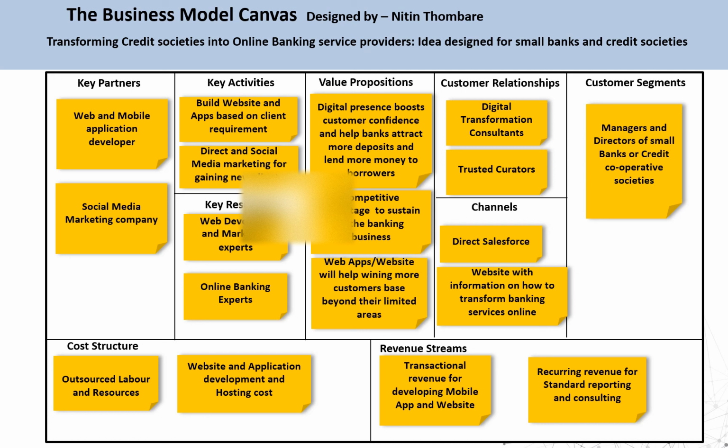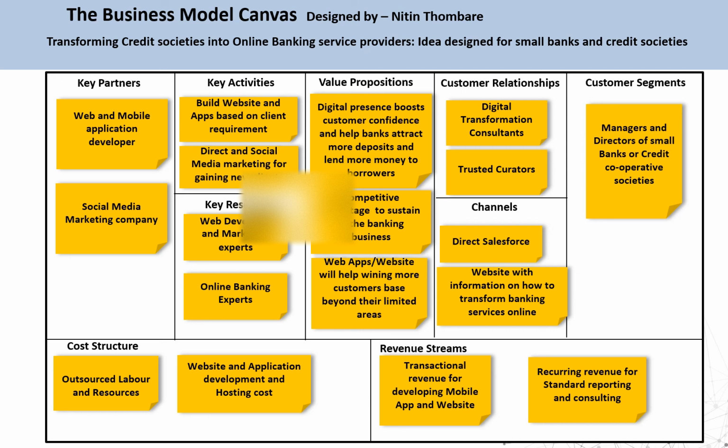We'll also focus on economies of scale. We can achieve significant economies of scale if we get more clients who are experiencing the same problem and fall under the same customer segment, who wish to digitize their service offerings.